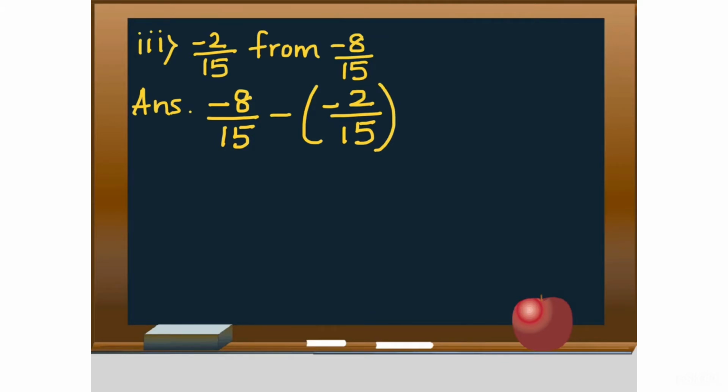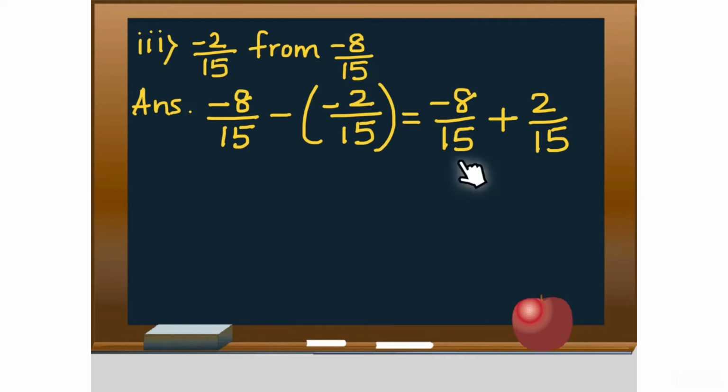This expression is equal to minus 8 by 15. Now we have minus sign outside the bracket. Inside the bracket we have minus sign. Minus into minus is plus 2 by 15.